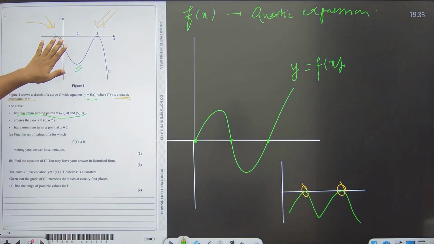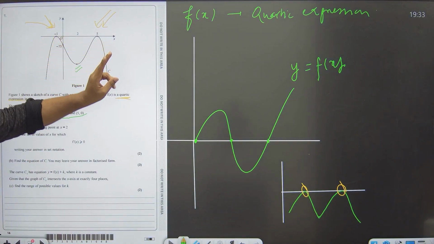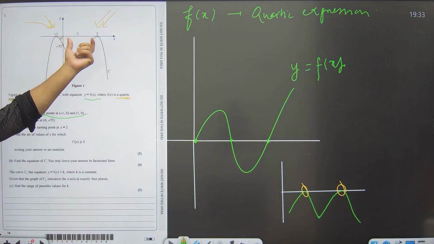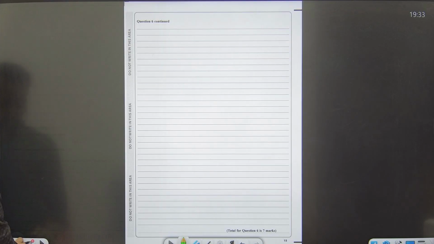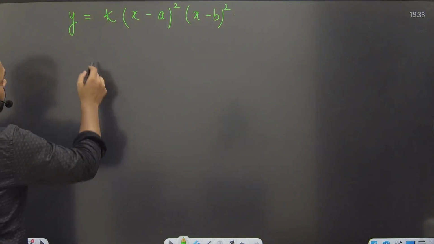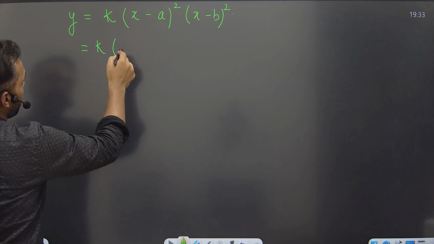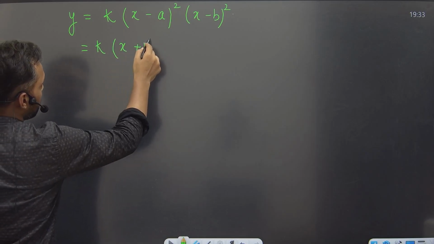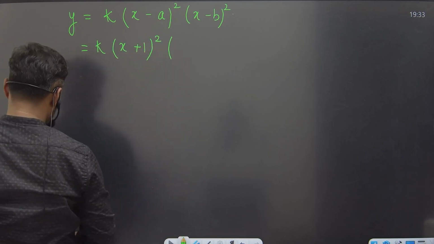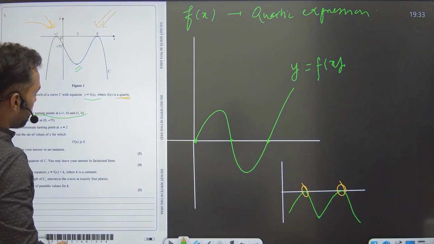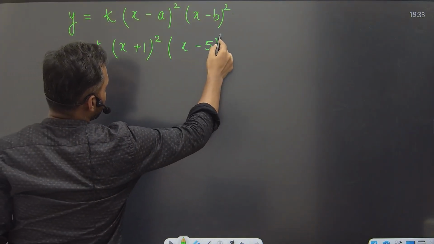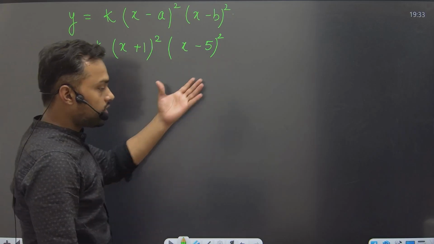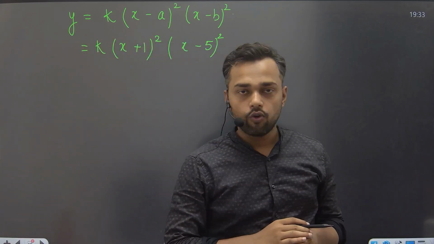Because it is intersecting the x-axis only at 2 points, so only these 2 points need to be considered. The first point is negative 1, so it will be y equals k(x + 1) squared. Again it is intersecting at positive 5, so it will be (x − 5) whole squared. This will be our quartic expression.